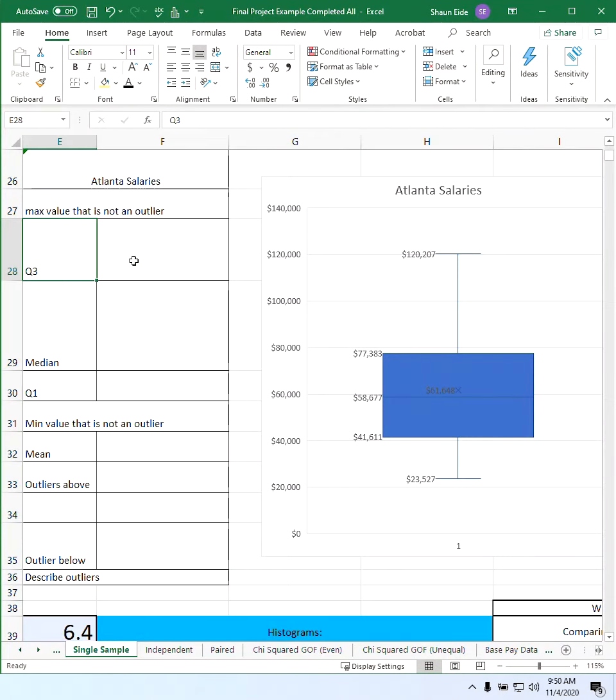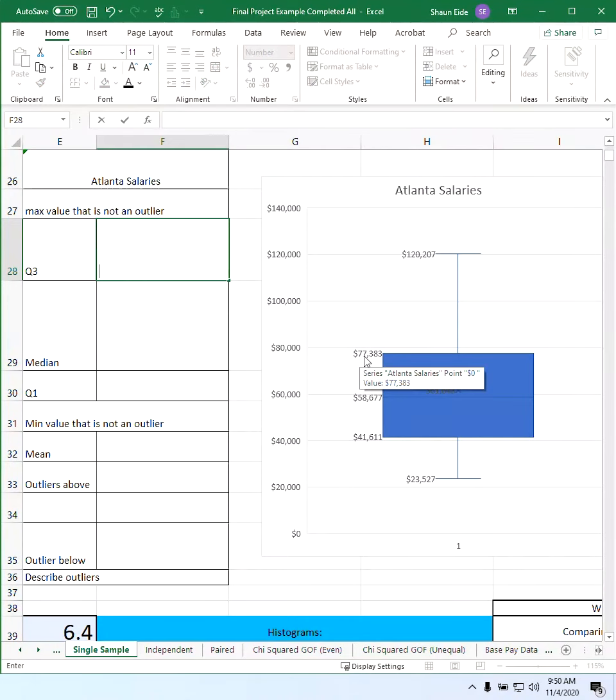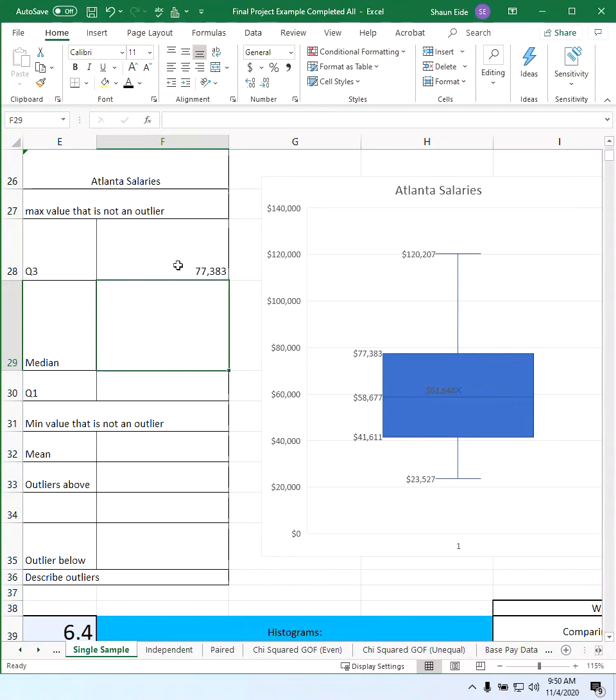On the left-hand side, you've got Q3, and so we're going to do equals, well, you don't even have to do equals Q3. You can literally just put 77,383. And then the median is 58,677.